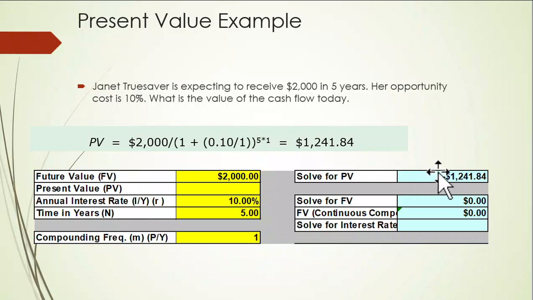Now, here's what I think is the confusing part. Which would you rather have, $2,000 in 5 years or $1,241.84 today? Which one of those would you rather have? The answer is you don't care. They are equal amounts. They're just in different times, right?